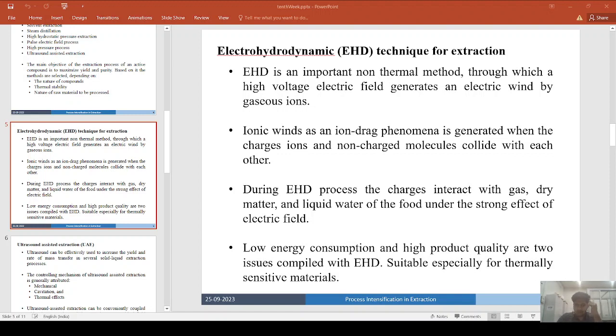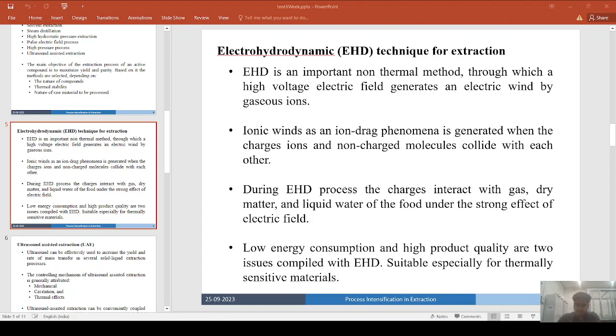The electrohydrodynamic technique has lately received considerable attention as an important non-thermal method used especially for food processing, and it is a complementary process for cellulose extraction from bagasse.